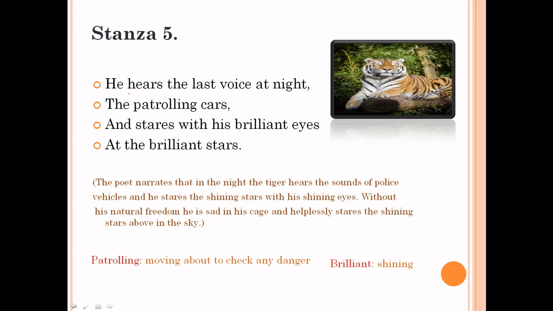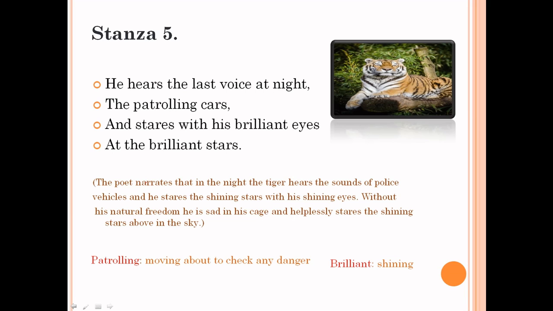So the poet narrates that in the night the tiger hears the sounds of police vehicles and he stares the shining stars with his shining eyes. Without his natural freedom, he is fed in his cage and helplessly stares the shining stars above in the sky.